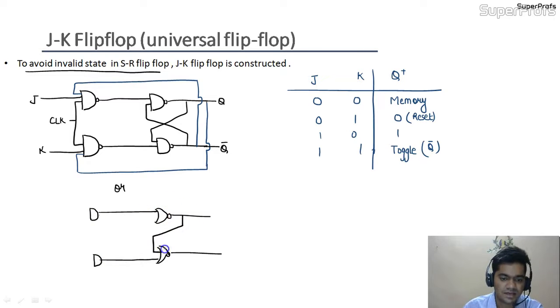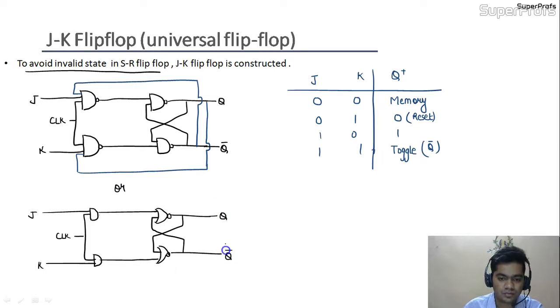So this is our feedback like this. This is our clock pulse. This is J. This is K and Q and Q bar.